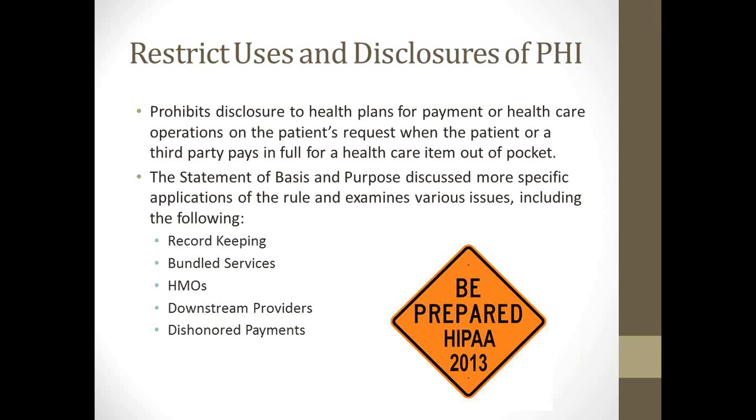The current privacy rule grants individuals the right to request restrictions on the use or disclosure of their protected health information, but covered entities are not required to agree to such restrictions.